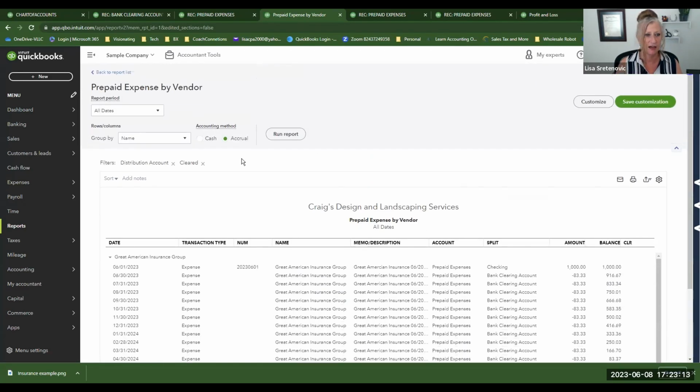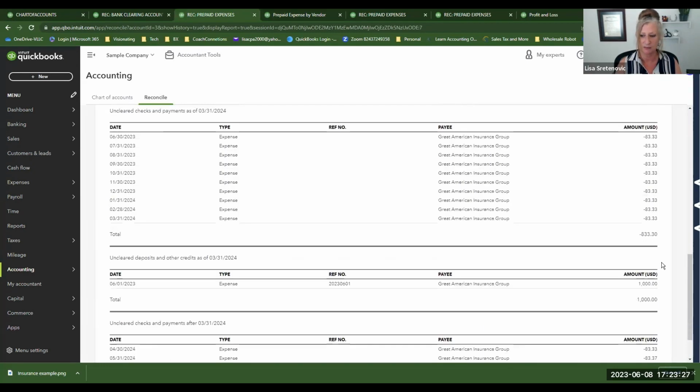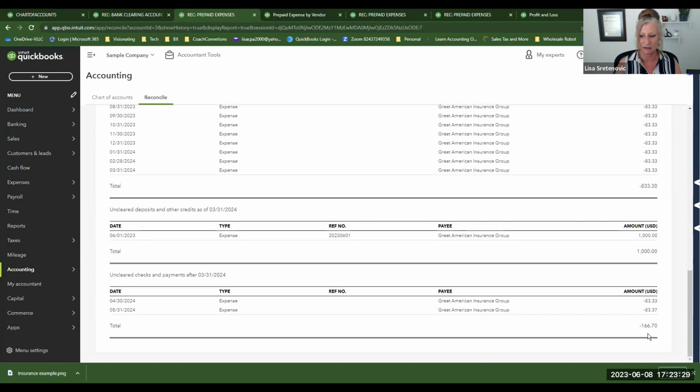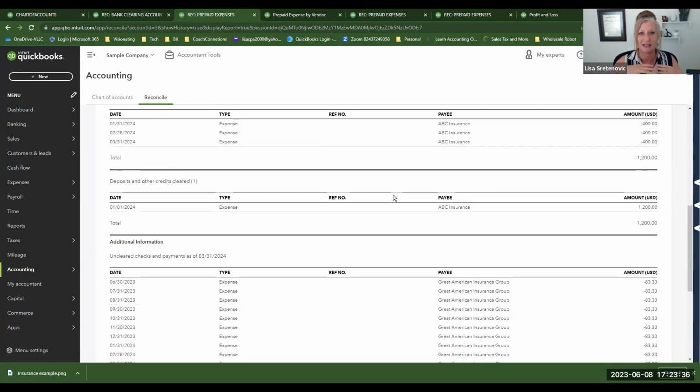You're going to make sure that you change that for whatever period it is that you're trying to close. So again, this gives you a really good opportunity to see not only that your balance sheet has supporting documentation and you know exactly what makes up that $166, and you don't have to keep a separate schedule offline.